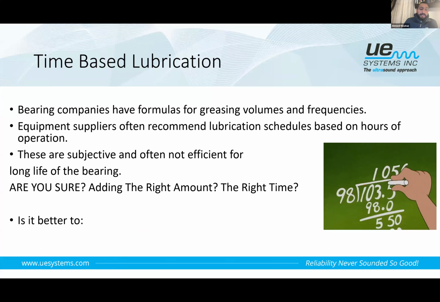With time-based lubrication, I'm just following numbers or some calculations based on the number of hours. These recommendations came from the manufacturer, from the bearing manufacturer. I'm just making some calculations to determine the exact amount of grease and the exact number of hours or the frequency of greasing these bearings.